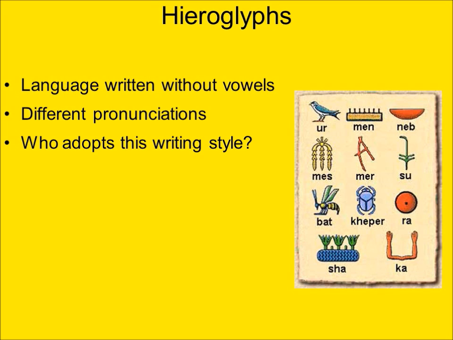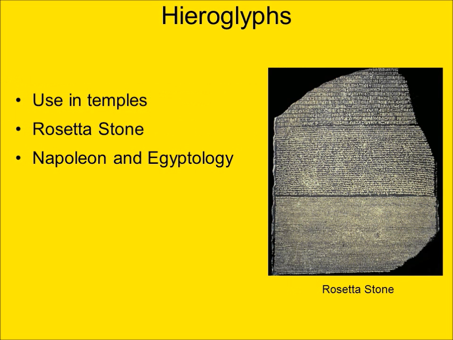So the Rosetta Stone was sort of a key that allowed us to decipher hieroglyphic writing. This is a picture of the Rosetta Stone.